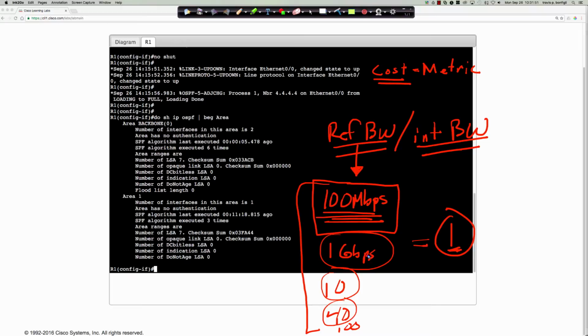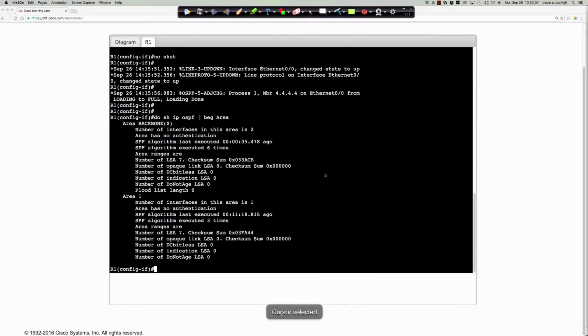So it would be the equivalent of saying, I have a 100 meg interface going this way, and a 100 gig interface going that way, and they're treated the same in terms of metric. And again, the cost is a 16-bit integer, so you can get to 65535, and that is the highest cost that you can get.